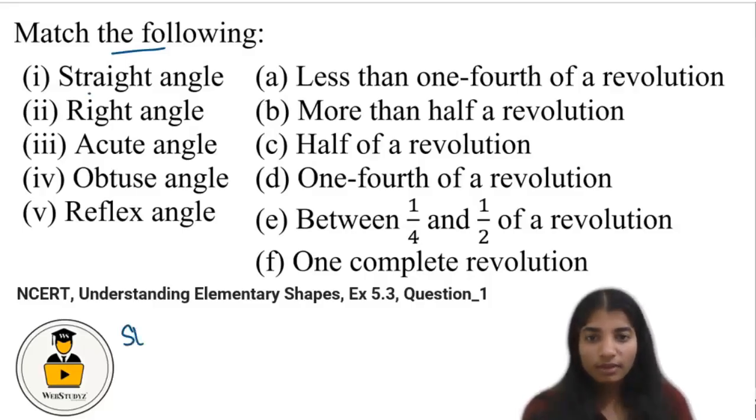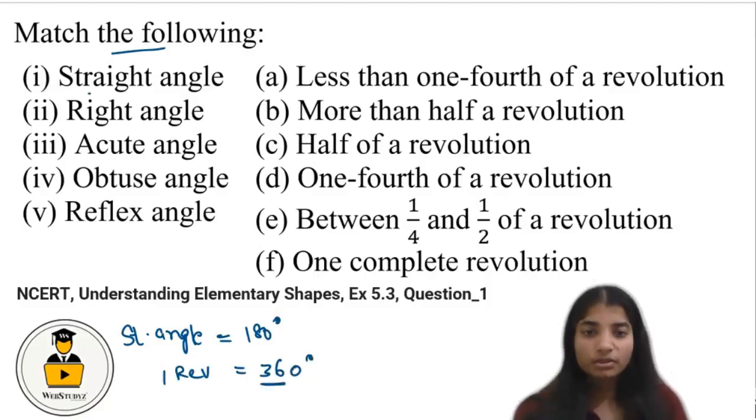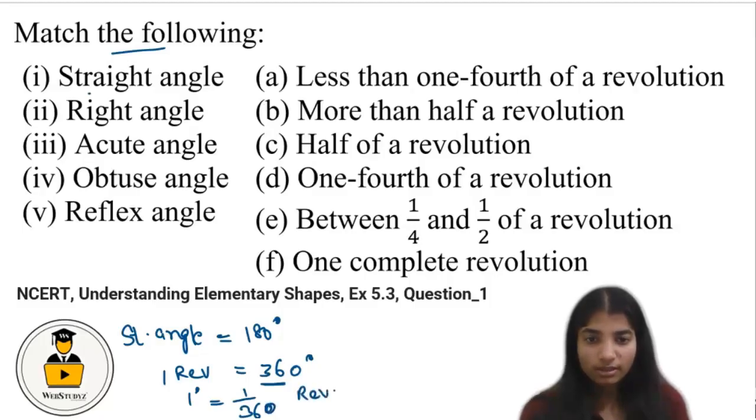First we are given the straight angle. We know that a straight angle is equal to 180 degrees and one revolution is equal to 360 degrees. So we can say that 1 degree is equal to 1 divided by 360 of a revolution.